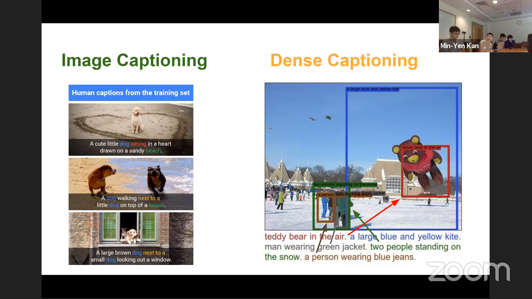Okay, so I have already mentioned that there are 3 variations of this task. I will first introduce the first 2. Image captioning is basically generating one sentence, a general description of this image. And dense captioning is to generate a description for each part or each object inside the image. You can see the difference between these two.